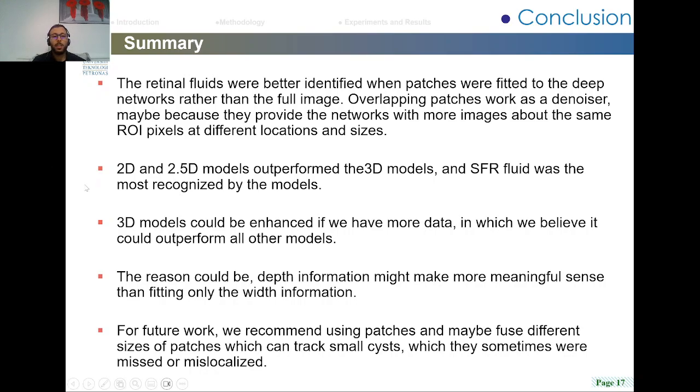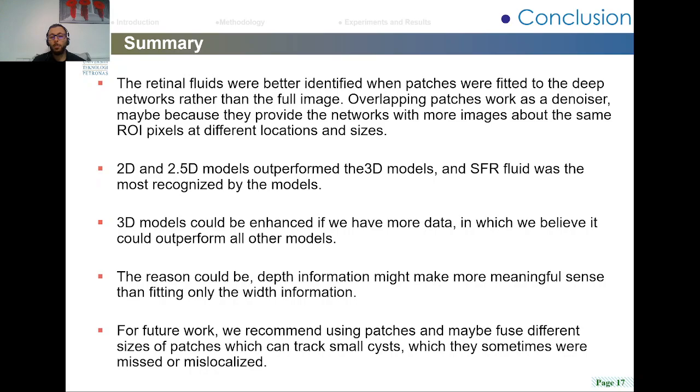Also, the 2D and 2.5D models outperformed the 3D, and SRF fluid was the most recognized by the models. The three models could be enhanced if more data were fed to them. I still believe that depth information might make more meaningful sense, but since we lack data, I cannot confirm that, though I have read it in a couple of experiments.